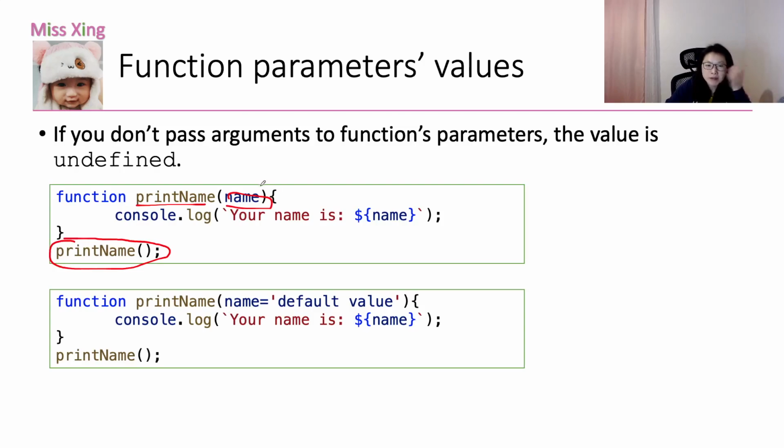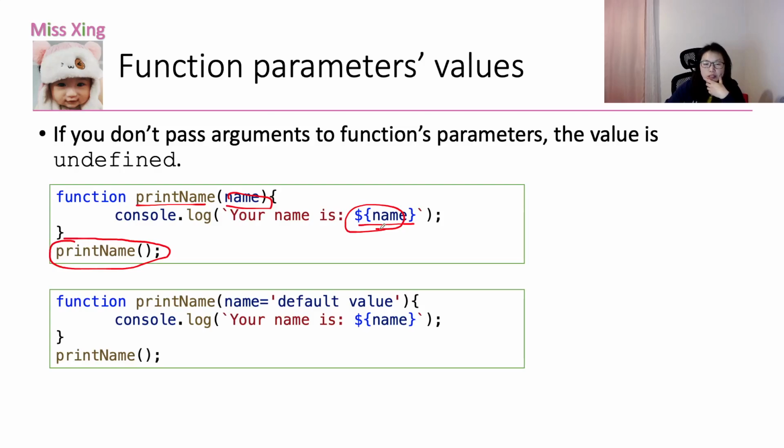What's going to be the value in the console log? It's going to be undefined, because we didn't give any value for the parameter when we call printName. The default one is going to be undefined.